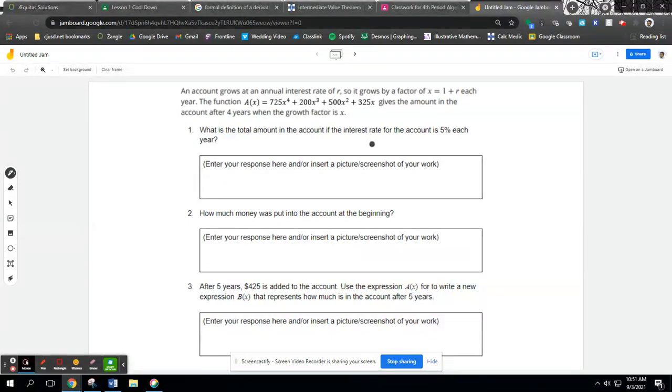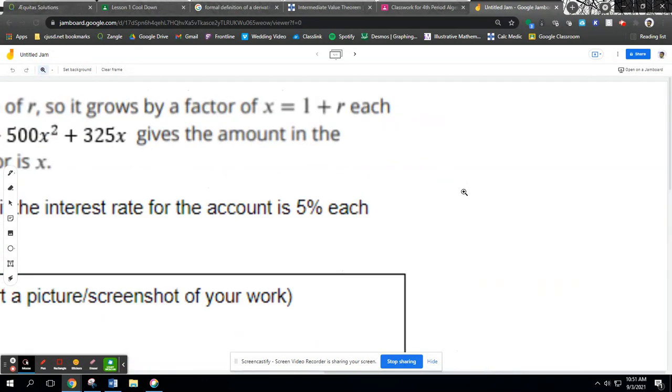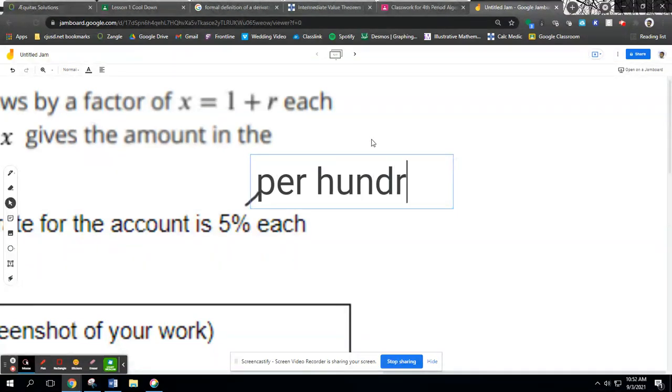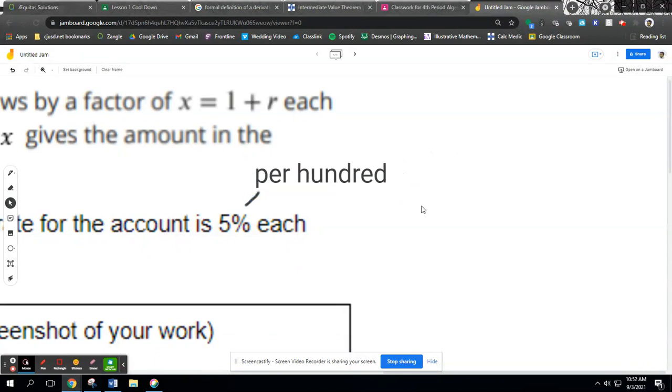So we want to know, what is the total amount in the account if the interest rate for the account is 5% each year? Well, to remind ourselves what percentages mean, percent literally just means per 100. The word cent, like if you thought of pennies, there are 100 cents in a dollar. In terms of years, 100 years is a century.